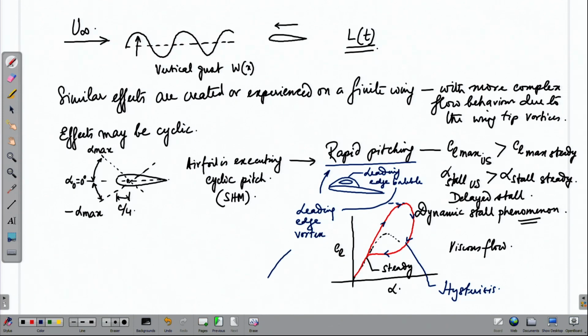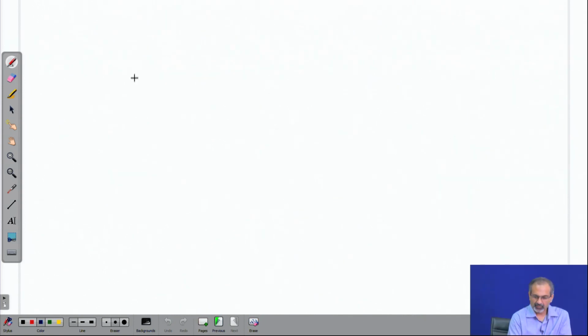On finite wings, the leading edge vortex could be wrapping around like this before it leaves from the trailing edge. So, such effects also alter the CL alpha curves of a finite wing. Like we saw pitching, we could also have cyclic heaving.